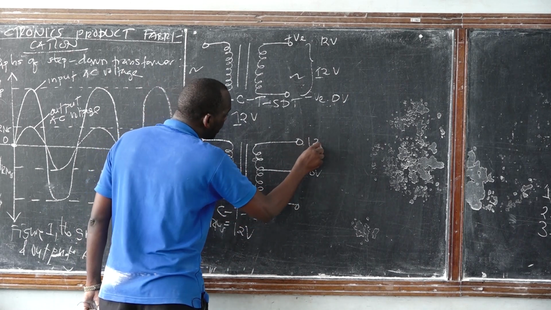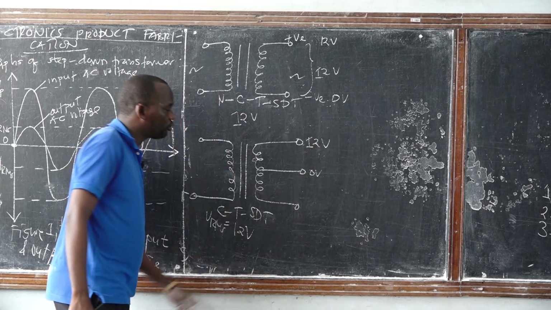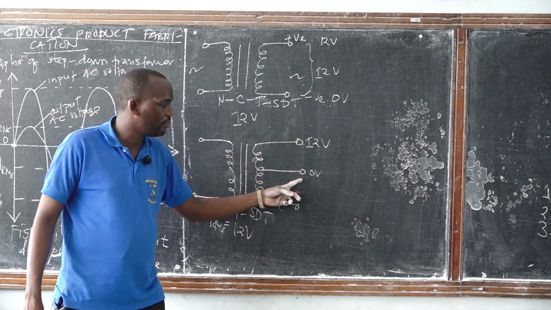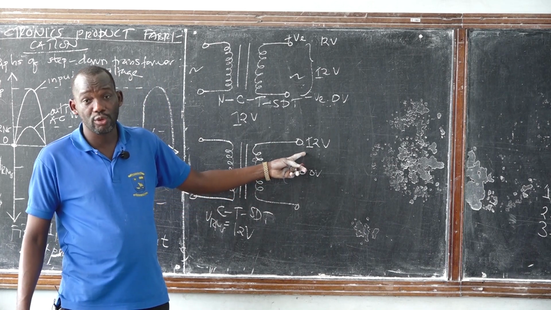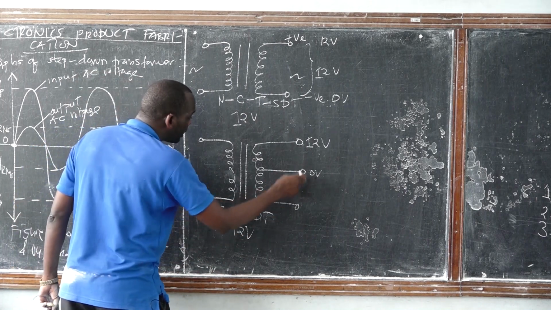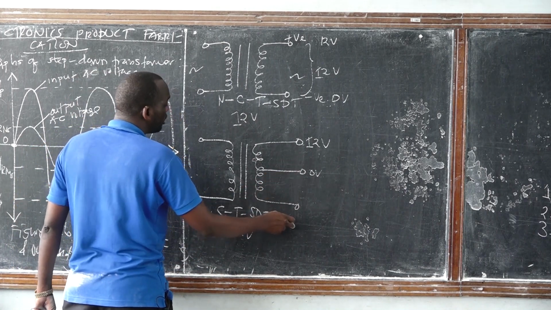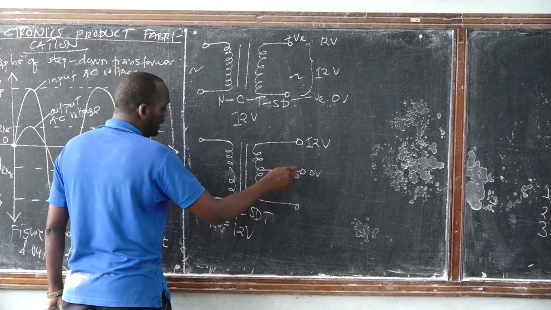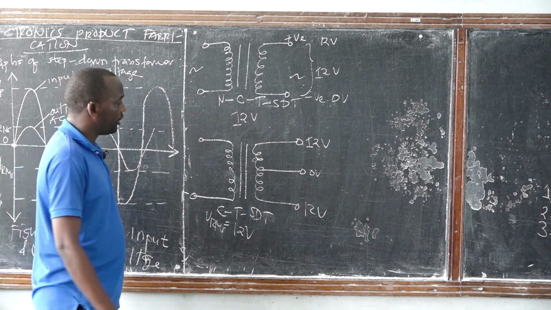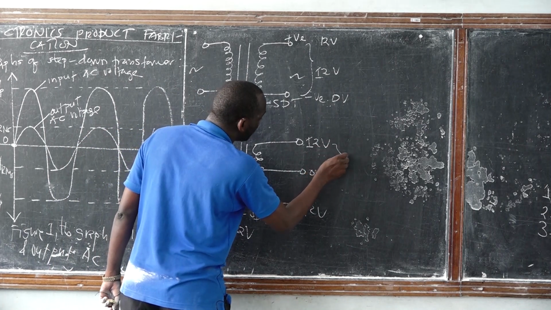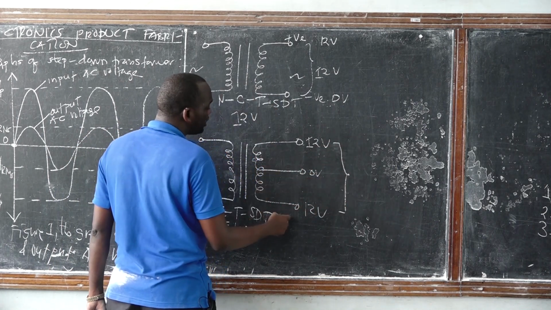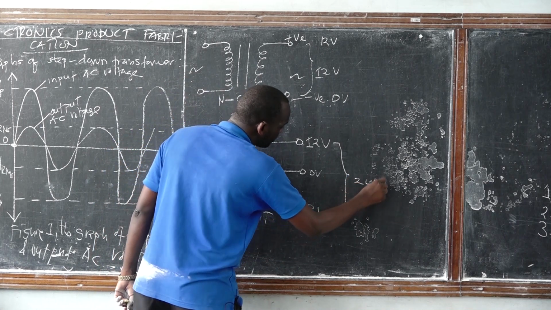If we measure the potential difference between the first terminal at the top and the second terminal, we'll get a reading of 12 volt. Also, if we measure the potential difference between the second terminal and the third terminal, we'll get 12 volt. If we measure the potential difference between this terminal and this terminal, we'll get 24 volt.